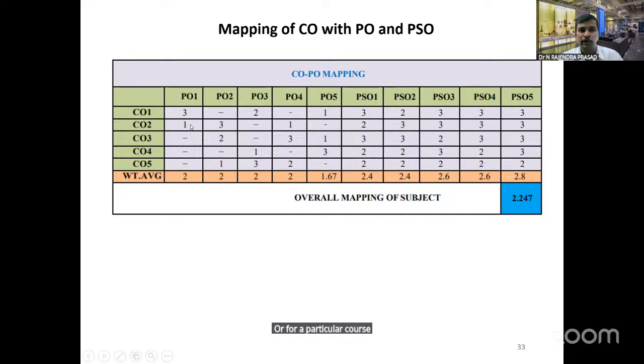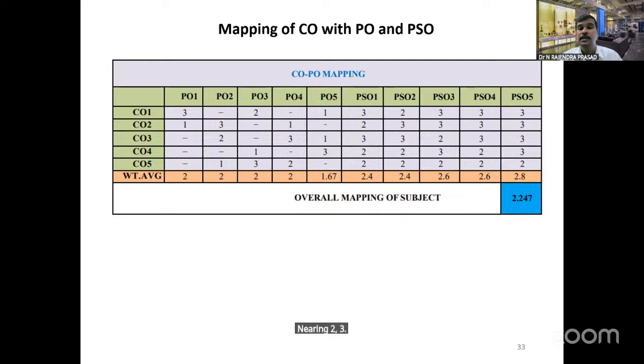So 3 plus 1, 4 by 2, that is 2. Average, that is 2. So PO1 is mapped with the course outcomes of a particular course at a medium level, that is 2. You can see here, last one, PSO5. There is a specified PSO5. How is PSO5 relevant to the course, which has 5 course outcomes? 2.8, that is very high, nearing 3.